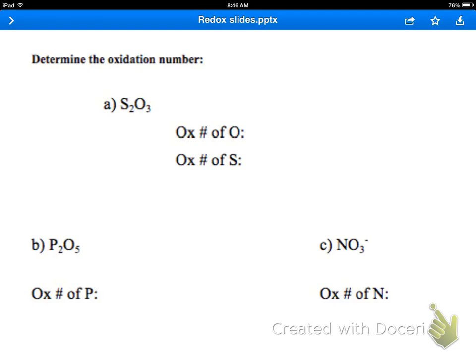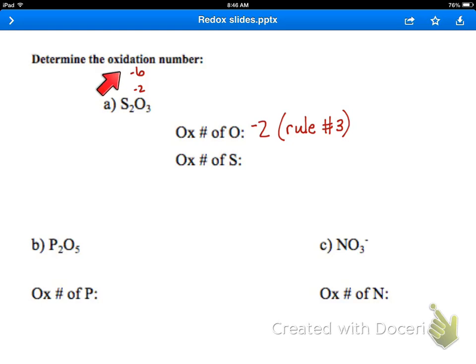So we're going to figure out the oxidation number. I'll do some examples, and then you can work some problems in the packet. Oxygen has a rule: oxygen is -2. So we're going to use that rule and use oxygen to figure out the oxidation number of sulfur. Oxygen is -2. There are 3 oxygens, so the total is -6.